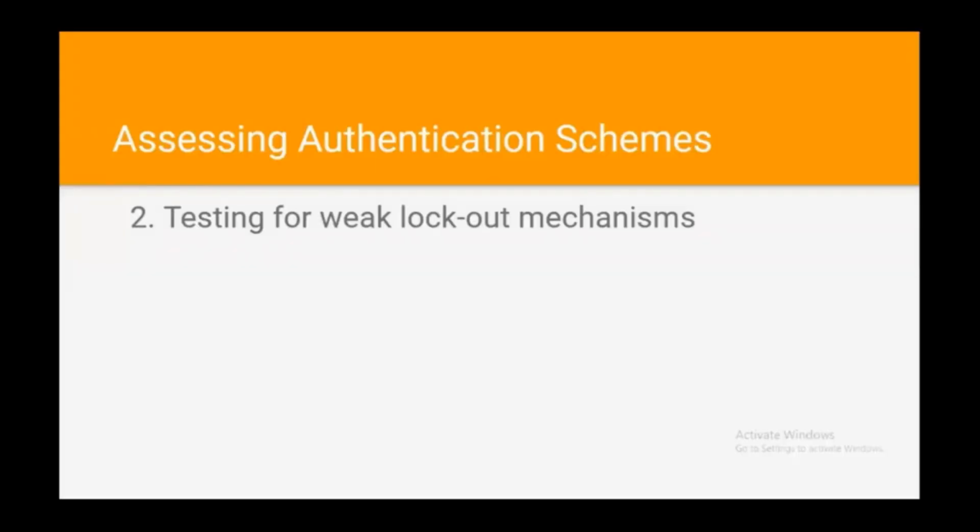Now let's discuss testing for a weak lockout mechanism. An account lockout mechanism should be present in the application to mitigate brute force login attacks. Typically applications set a threshold between 3 to 5 attempts. Many applications lock the account for a period of time before a reattempt is allowed.